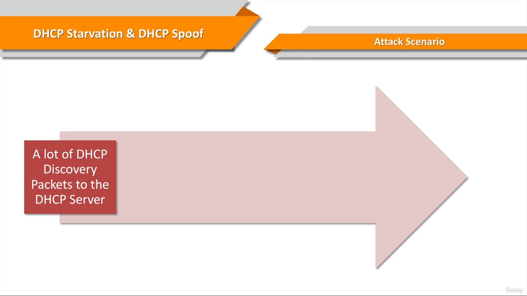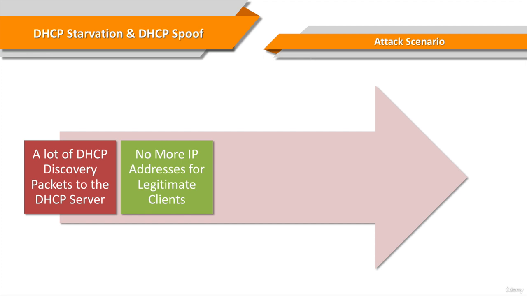For example, a Class C subnet has about 250 IP addresses available. So since the IP addresses are used for fake MAC addresses, there aren't any more IP addresses for legitimate clients. DHCP cannot respond to the new requests, and the clients which cannot get IP addresses become out of service.